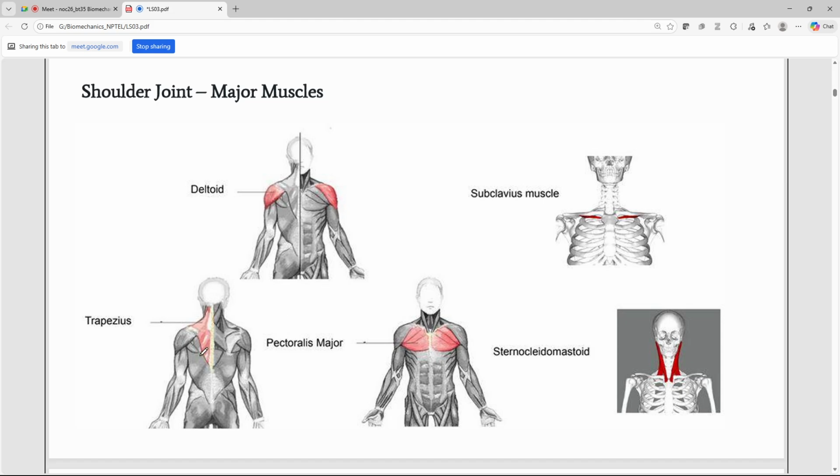Then there is the trapezius and pectoralis major, which gives extra support to the arms from the medial portion of the body, that is, from the chest side to the arms. The force or attachment is given through pectoralis major, and sternocleidomastoid is a neck muscle that supports the joints in the neck.